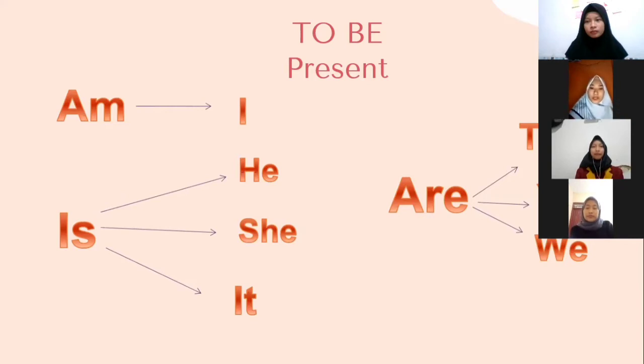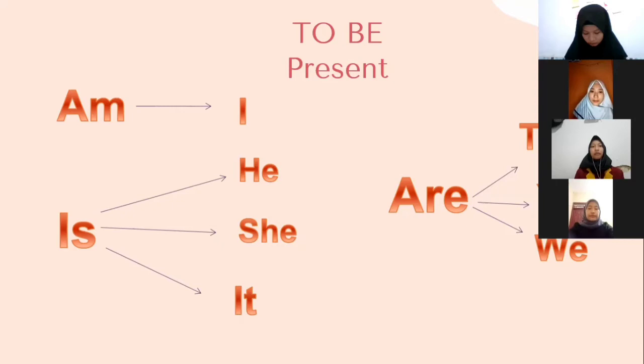Okay. So to be is divided into two types, which are to be present and to be past. Well, to be present are am, is, and also are.